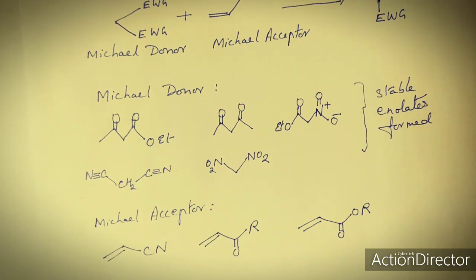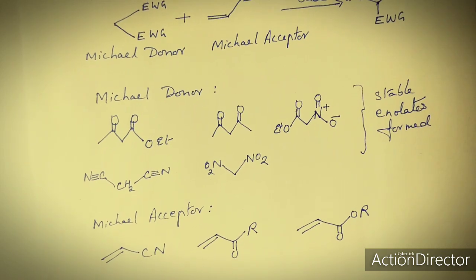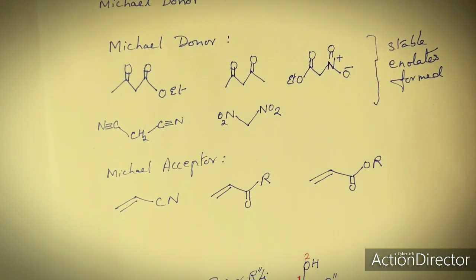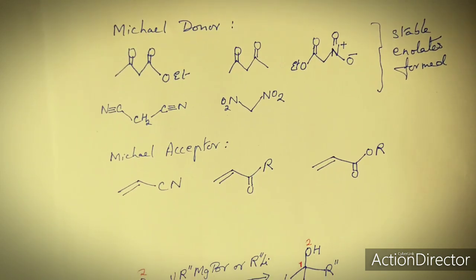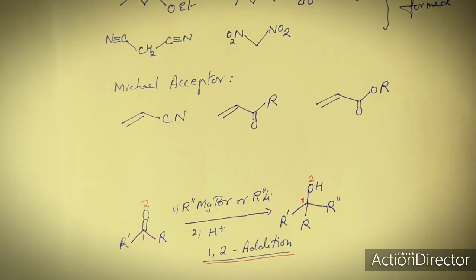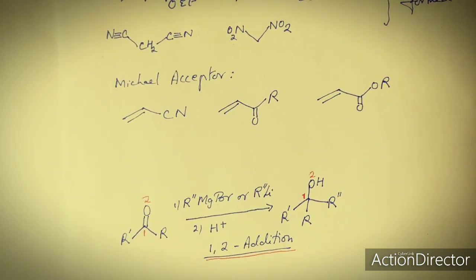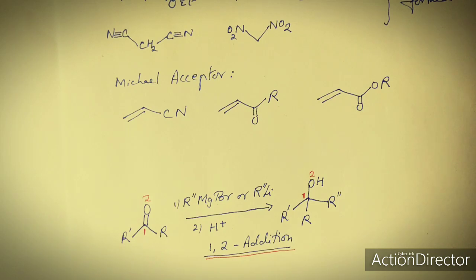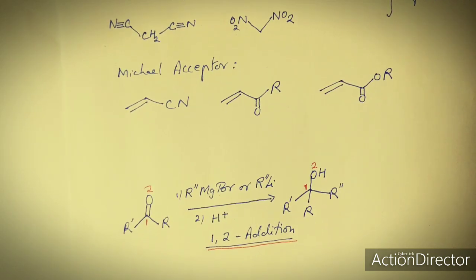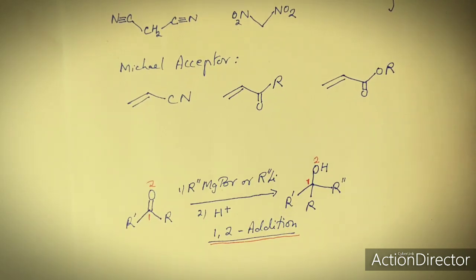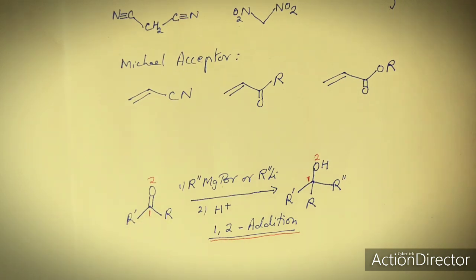Seeing where we can apply Michael reactions, their importance. If we have this type of a reaction here, what is it showing? You're well familiar with this, a carbonyl compound.